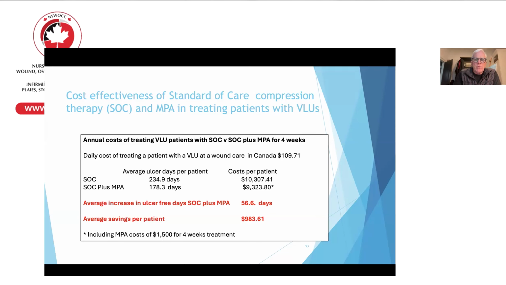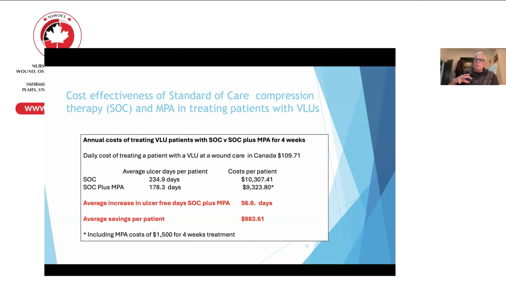These were the costs of treatment, and with the muscle pump activation device, this was using the muscle pump activator for 4 weeks. So that's added into that cost as well as the nursing time. But essentially, what it resulted in is faster healing, almost 2 months, and almost $1,000 in savings per patient.